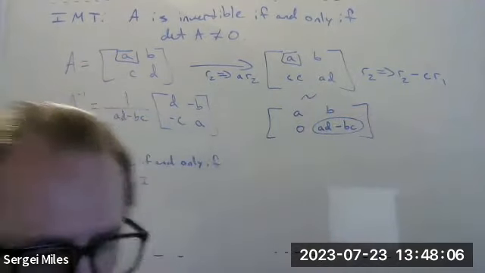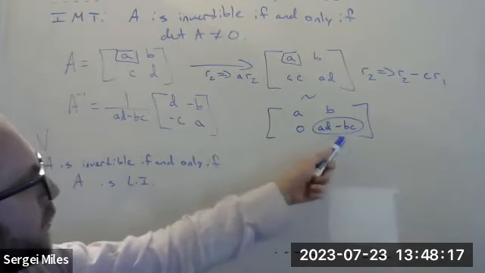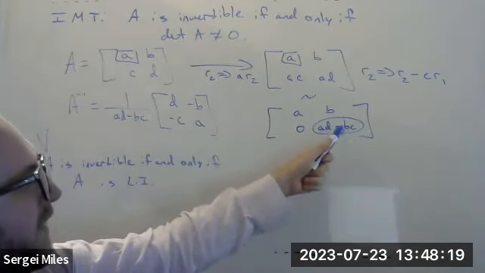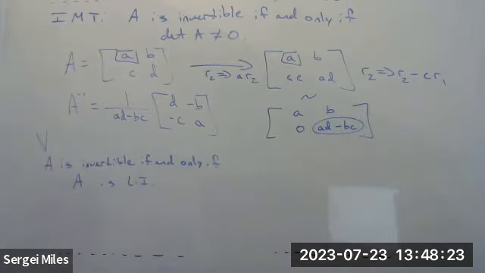But we also know from the invertible matrix theorem that a matrix is invertible if and only if its columns are linearly independent. When I row reduce the matrix, it can only be linearly independent if this calculation, AD minus BC, is not 0. So this is, in fact, where the determinant comes from.